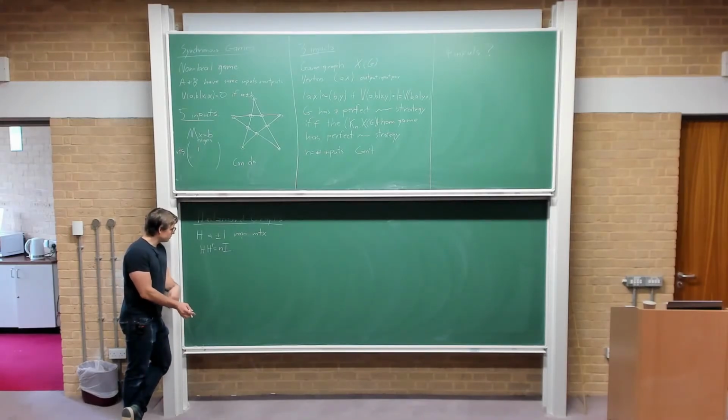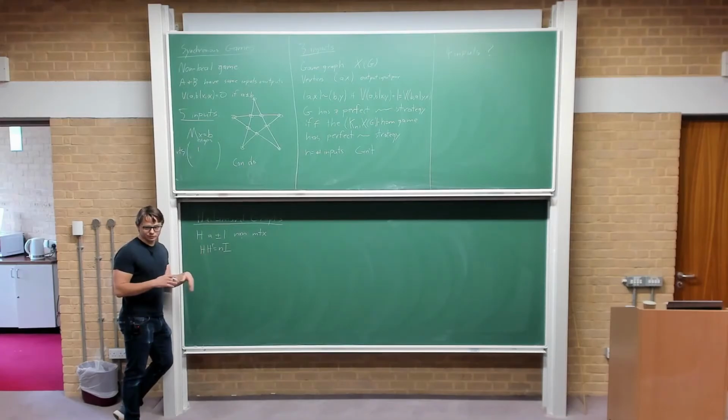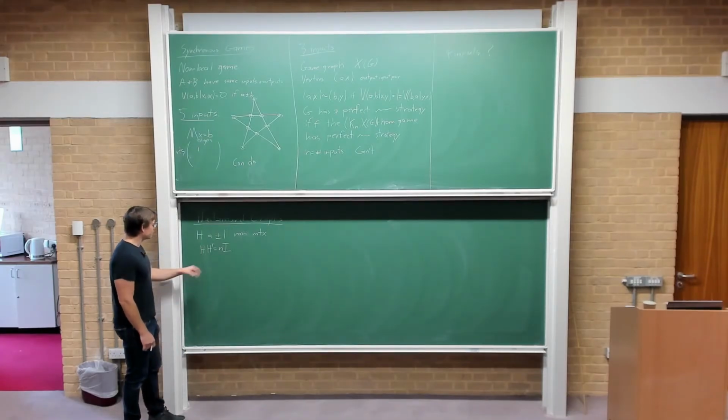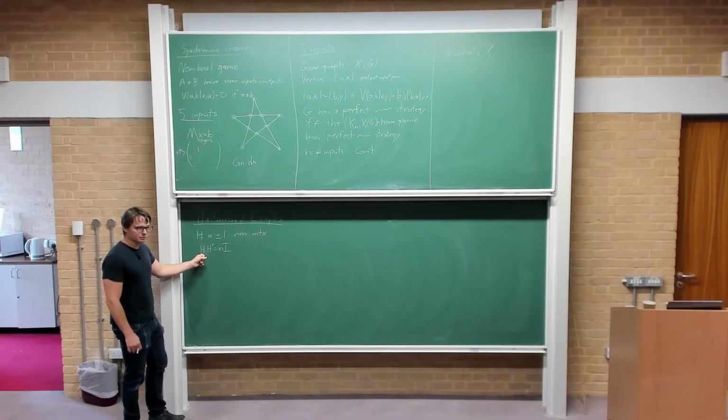These Hadamard matrices have been studied a lot in algebraic combinatorics. I think I remember hearing, maybe I'm misremembering, that if you take a matrix whose entries are bounded in absolute value by 1 and you want to maximize the determinant, then a Hadamard matrix is the solution.